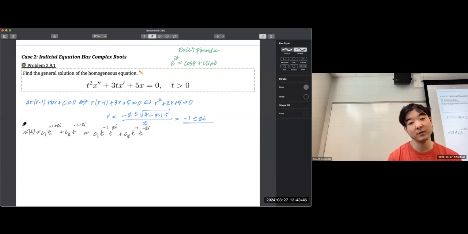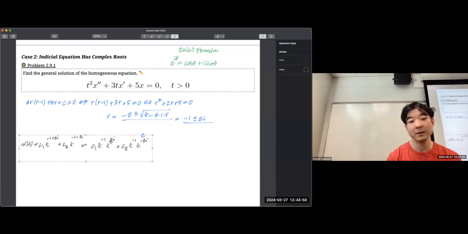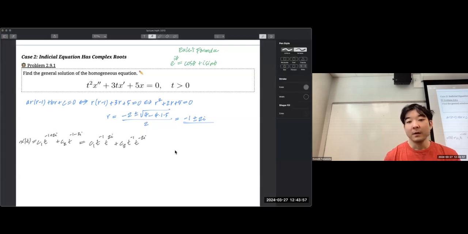Let me just move this down. Once I do that, I can pull out this t to the -1, that's common across both of these. So inside of the parentheses, we have C1 t to the 2i plus C2 t to the -2i.